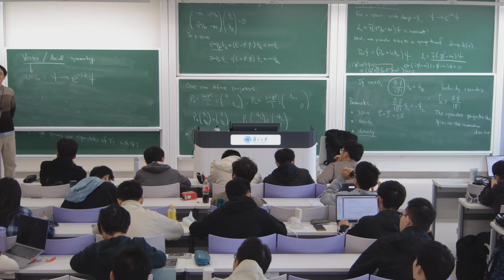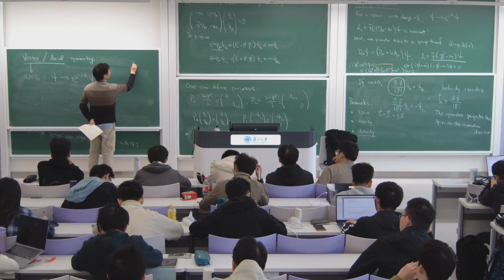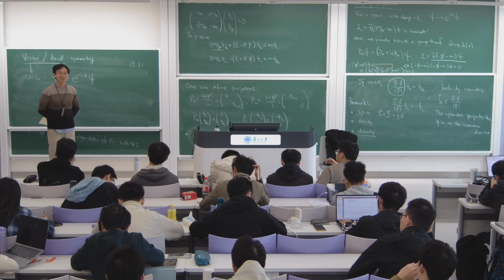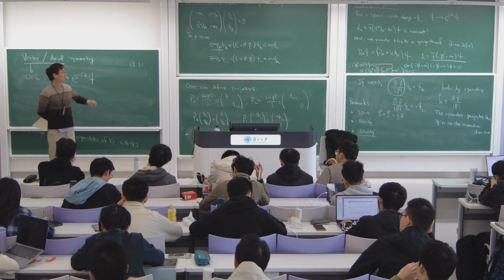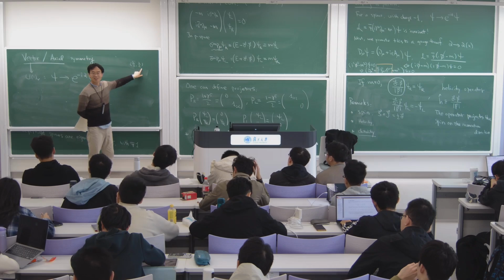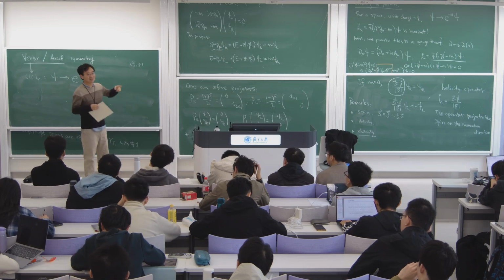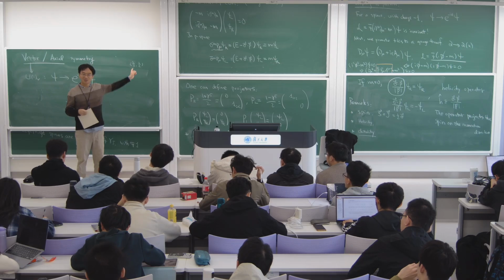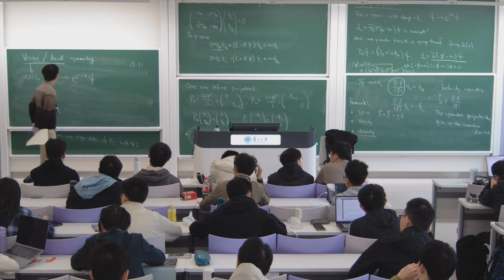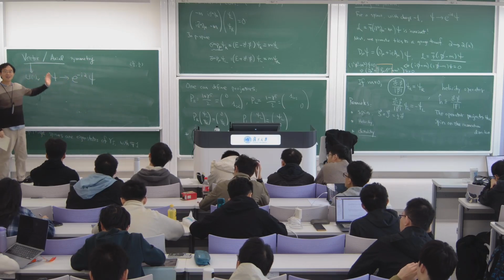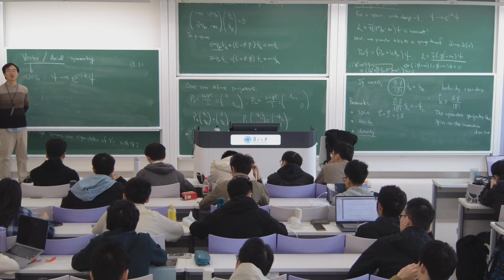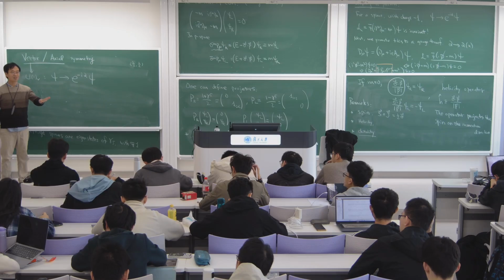Why? Because geometrically, the vector representation can be classified this way. If you have both the left part and the right part, this is left, this is right, then it can be equivalently considered as a usual vector. So this is indeed the geometric representation of the vector. In this case, it's the same. If the symmetry treats the left and right in a completely equivalent way, not distinguishing left and right at all, you do for the left and do the same thing for the right.